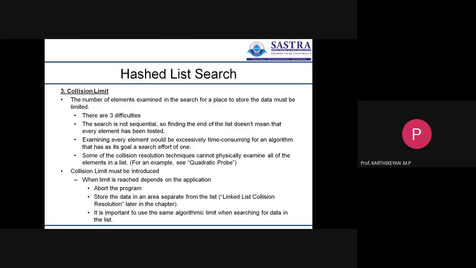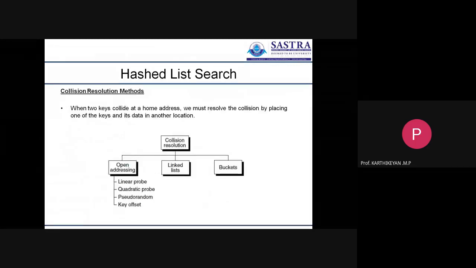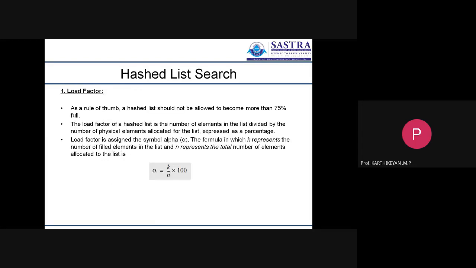Keep the hash list as the primary one, and all the collided data we can store in a separate memory place. A very good example for this concept is the linked list collision resolution technique. In the beginning we discussed open addressing and linked list; linked list is a very good example for maintaining this.